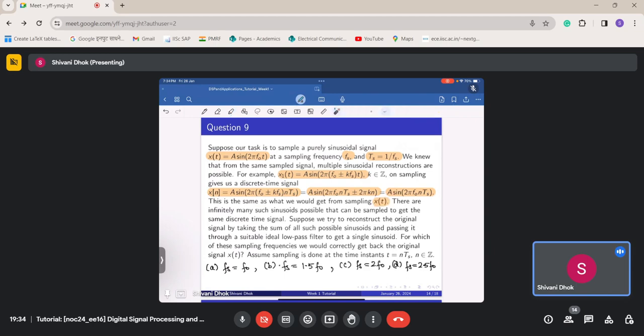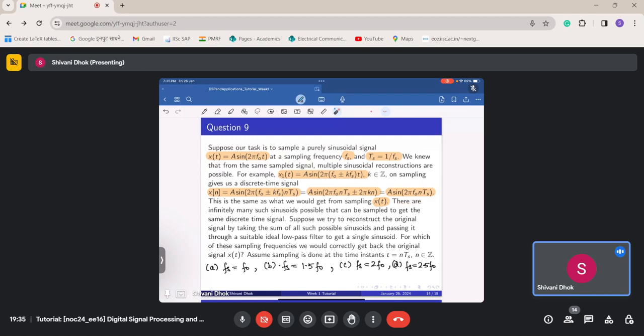So if we sample this signal x(t), or we sample this signal x1(t), what is special about this x1(t) is that it has a frequency of f0 plus minus k fs, and if we sample this, the sampled version of this and this will be exactly the same, the spectrum of it will be exactly the same, because it results in the same signal.